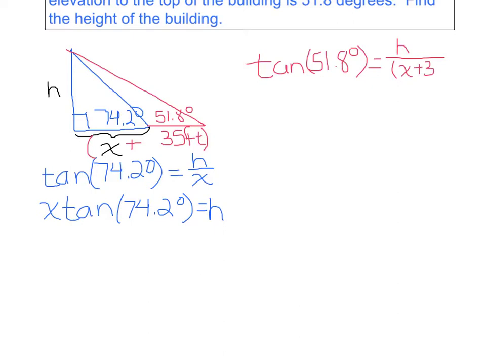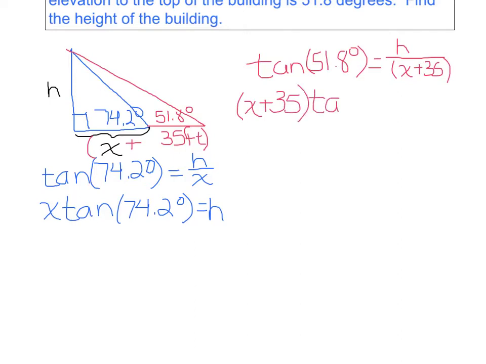Notice how I put parentheses around there because x plus 35 signifies the length of that side of that triangle. So I'm going to solve this equation also for h. And so when I do that, I'm going to multiply both sides of this equation by x plus 35, and it will cancel on the other side.